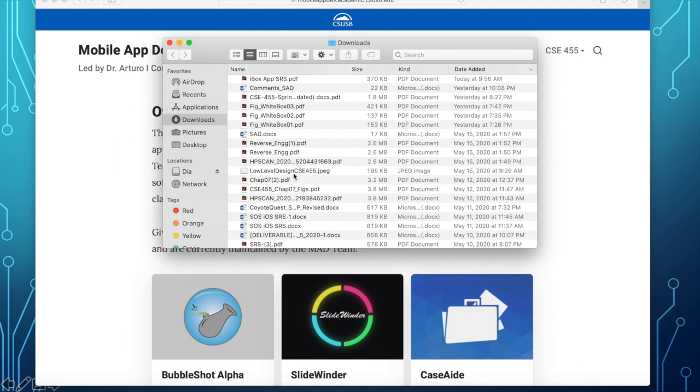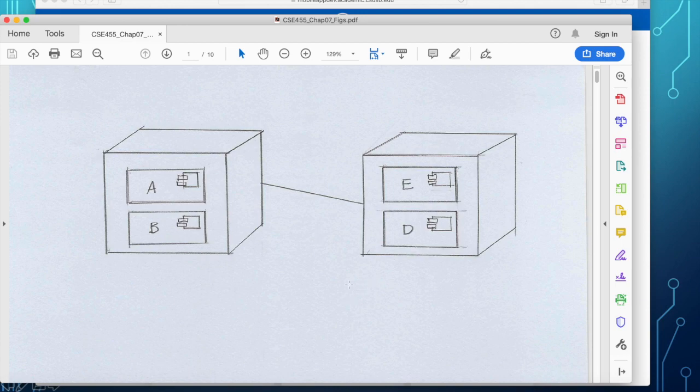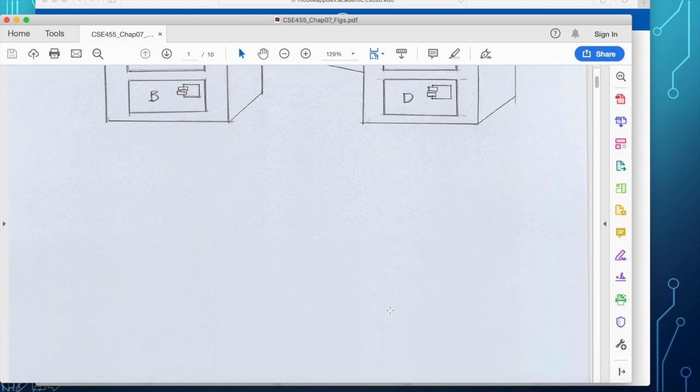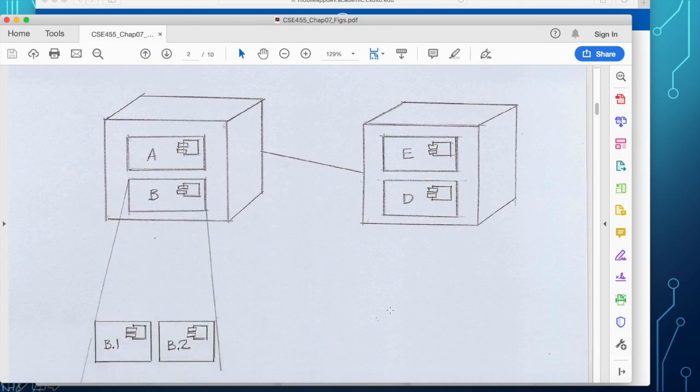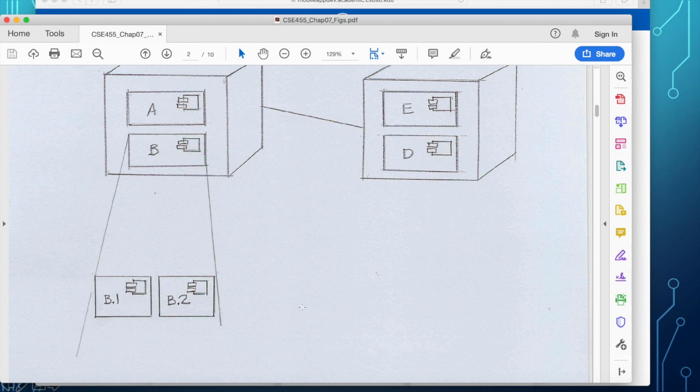If you remember in our previous lectures, ideally, you can begin from the deployment diagram. The deployment diagram contains the software components residing on the hardware, and then from there we decompose the selected component into its subcomponents.